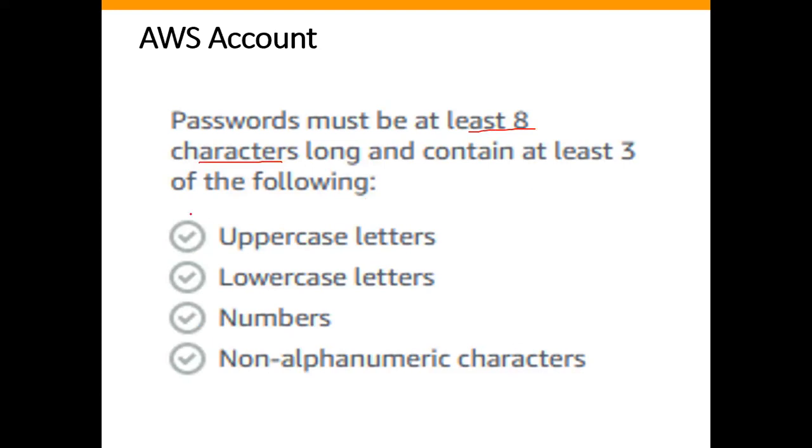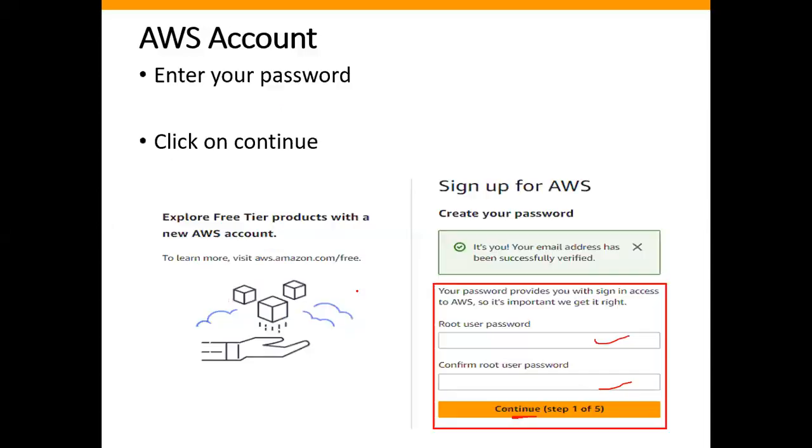And out of these 4 things, you need to follow at least 3: upper letters, lower letters, numbers, and non-alphanumeric characters. So these are the rules you need to follow for your password. Once you enter a password, click on continue.